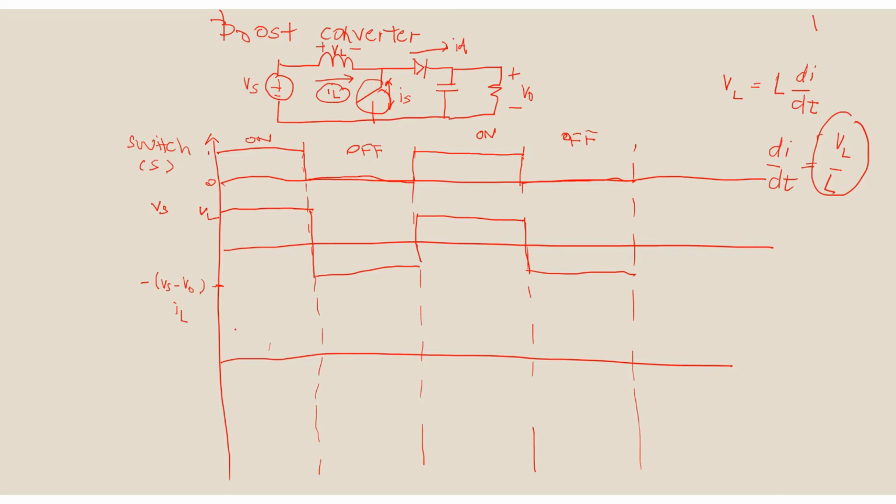When the switch is on, from the previous class, the slope is positive, and when the switch is off, the slope is negative. Again it repeats, positive and negative. So that is IL.